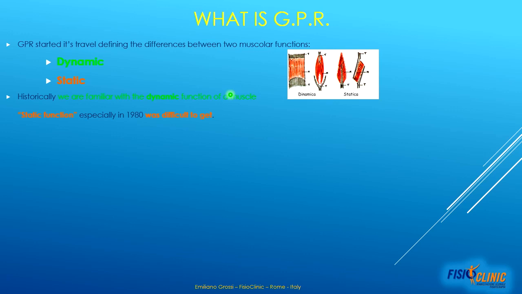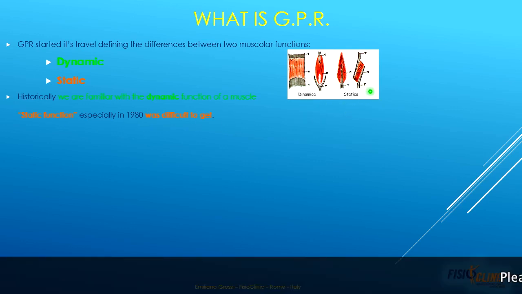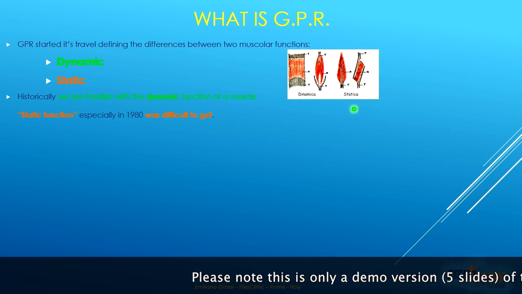So we know every movement that a muscle does in our body. But the static function of a muscle, especially in 1980, was very difficult to get. Professor Souchard deeply studied that because we started to know that there are different anatomies in different muscles. But what are the functions of these different muscles?